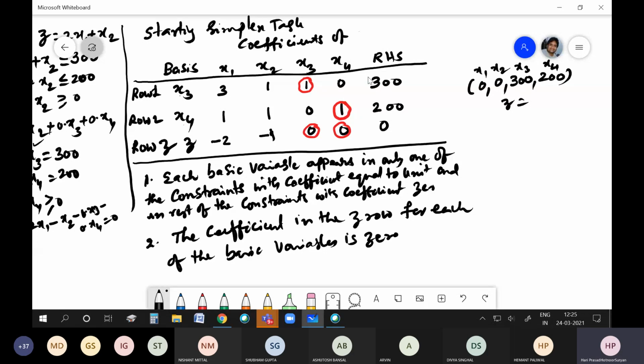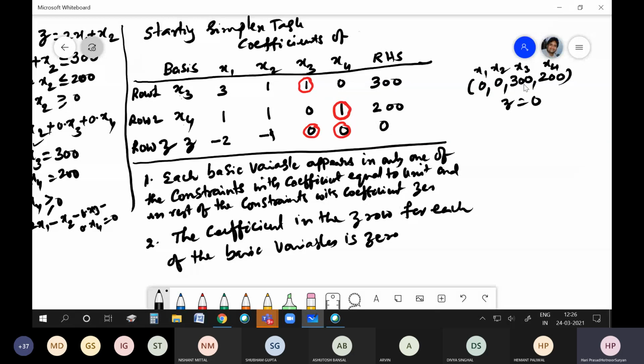These values are given in the right hand side. So x3 is 300, x4 is 200, and z is equal to 0. Now this is the first starting solution. Now we have to move from this basic feasible solution to another basic feasible solution.